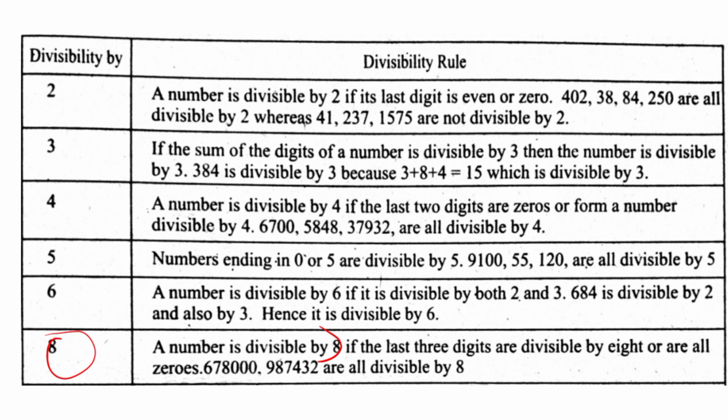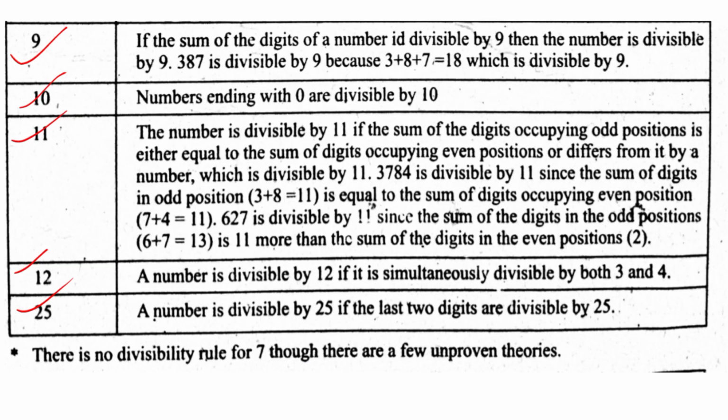Suppose we took this example: 432 should be completely divisible by 8. The second rule is that if all the last three digits are 0, as we can see here, then it is divisible by 8. This is the divisibility rule for 8.